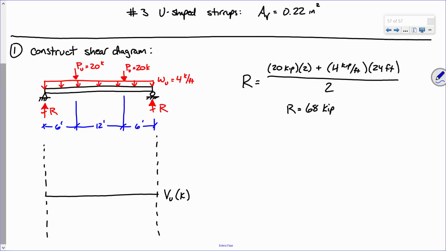So what do I do? I start on the very left and I go up to what? Then what do I do? Slope down. 4 kips per foot, so that's how much? 24 kips? So if I'm at 68 and I go down 24, that puts me where?